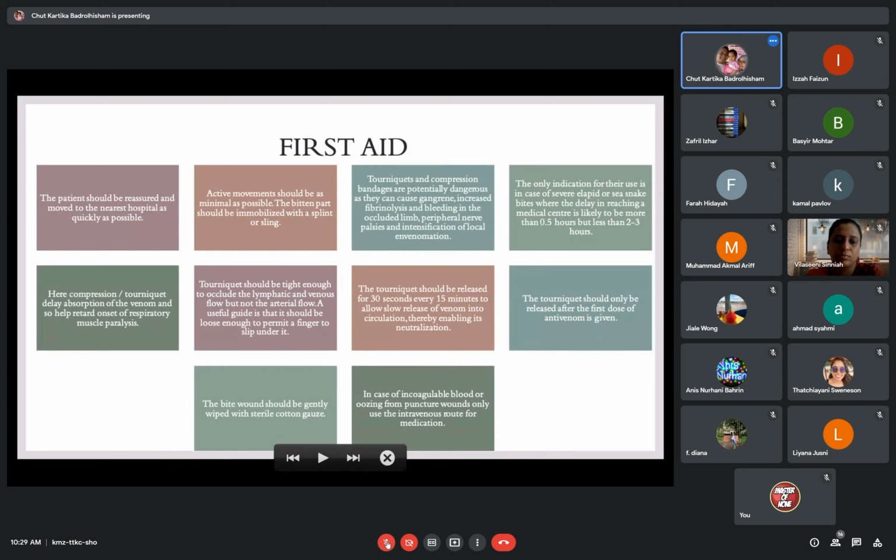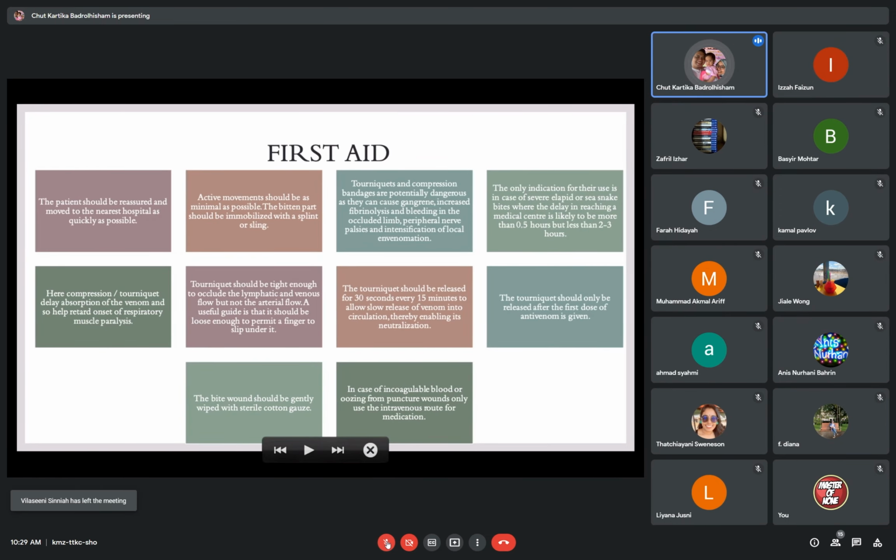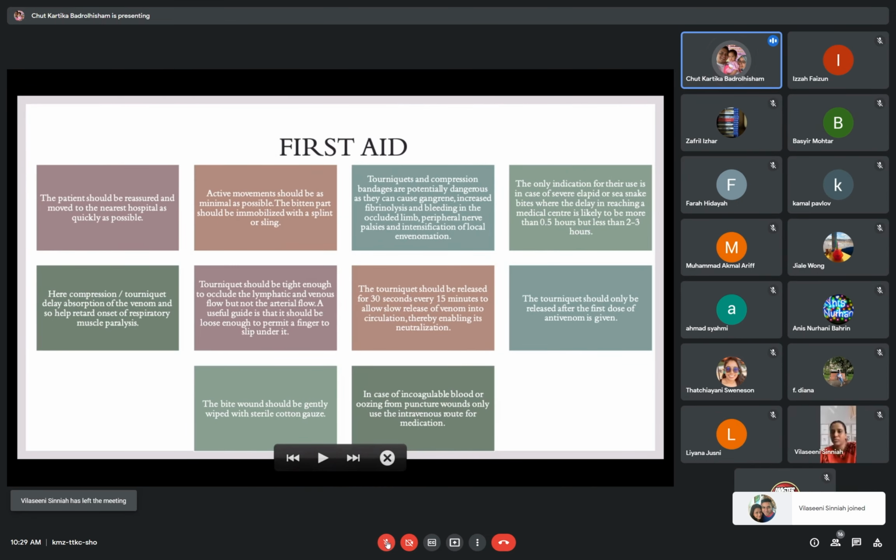We do not need to put on a tourniquet or compression, because this can cause gangrene, as the arterial blood flow will decrease if we put a tourniquet at the bite site. So basically at the site, what we need to do is immobilize. Do not put a tourniquet, and then bring the patient straight to the hospital.